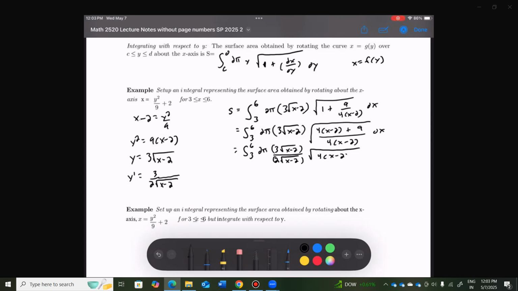So I just have the top now. And then those x minus 2's cancel, which is why I did it. And so also the 2's cancel, so we have 3 pi, cancel, cancel, cancel, and cancel. And then this would be square root of 4 times x minus 2 plus 9 dx.